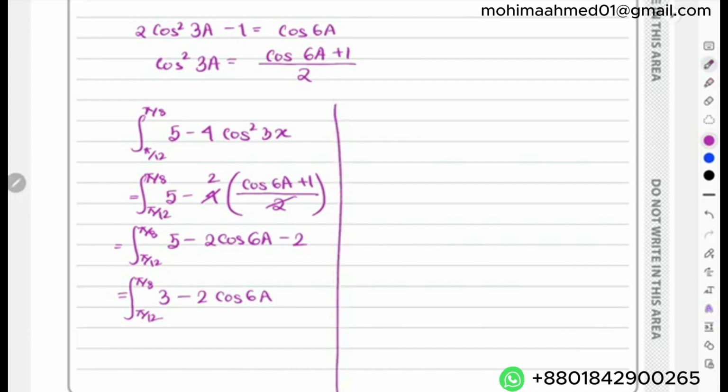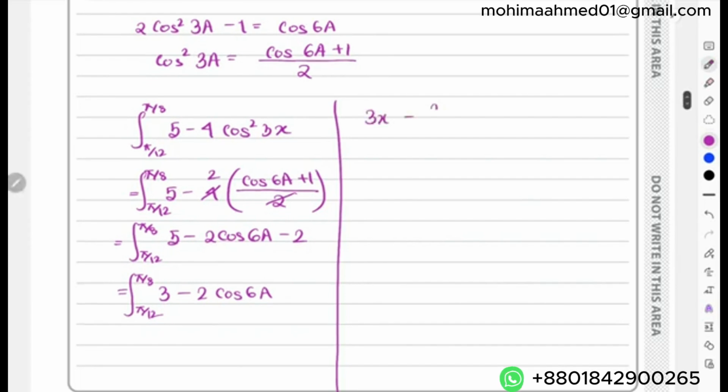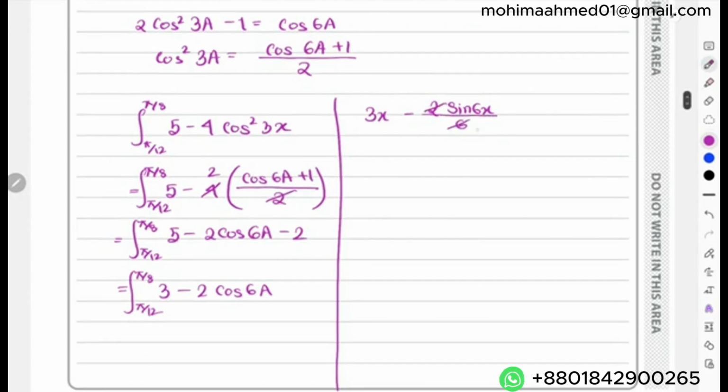So if you integrate 3, it becomes 3x, and if you integrate this 2 cos 6x, if you integrate cos, it becomes sine, but it has 6, so it will be divided by 6, but as it has 2, they will get multiplied with each other, and eventually you get sine 6x by 3. So we first write down the integration. That's 3x minus 2 sine 6x over 6, right? But obviously they will get cancelled out, and you're left with 3 in the denominator. So with this the integration was done, and we'll just write down the boundaries over here. Pi by 8, pi by 12.